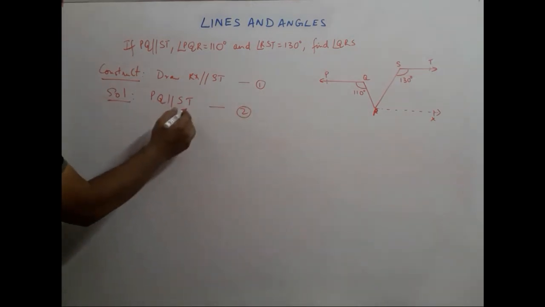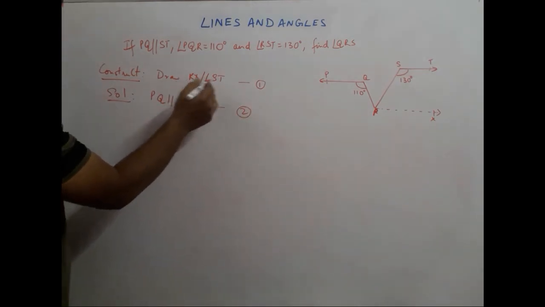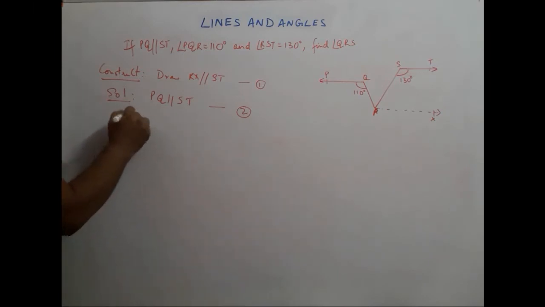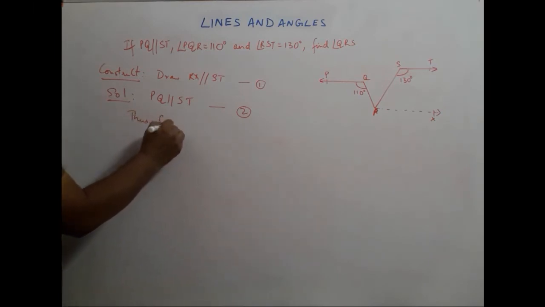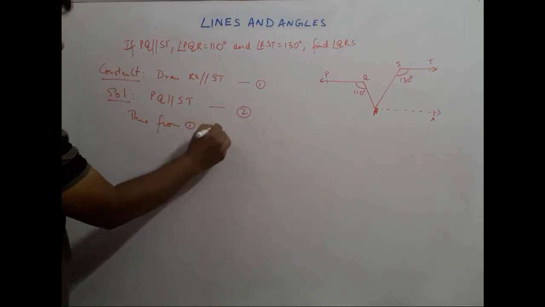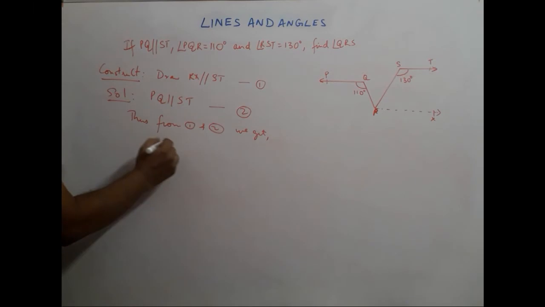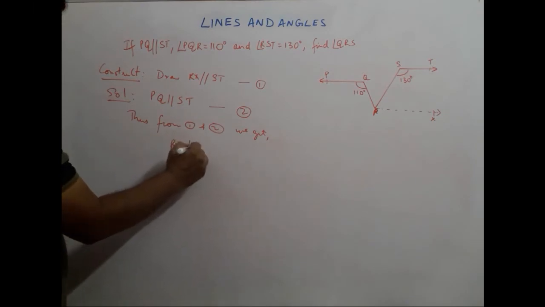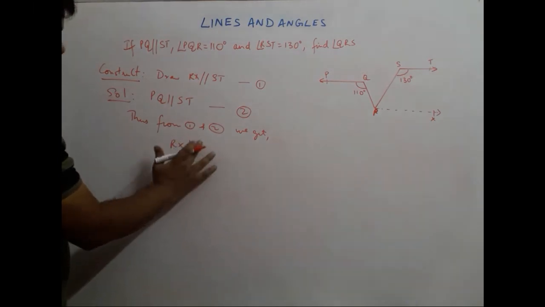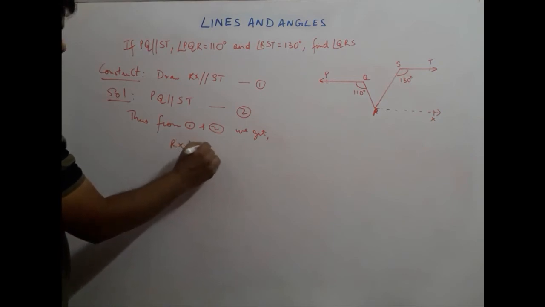Now PQ is parallel to ST and RX is parallel to ST. Hence, thus from 1 and 2 we get RX parallel to PQ.